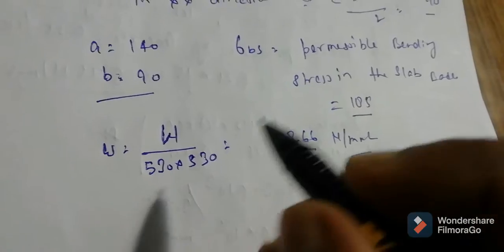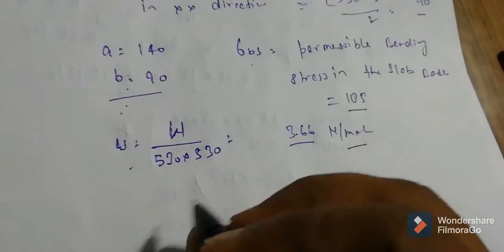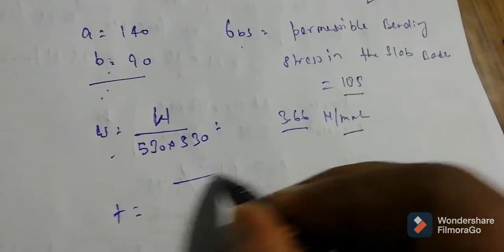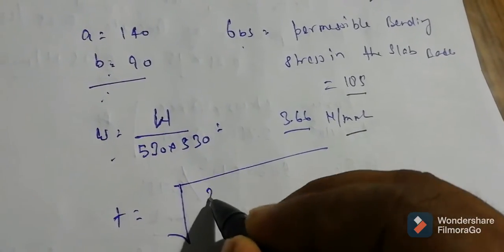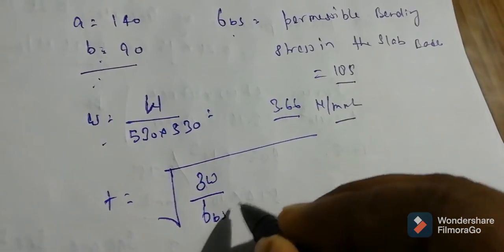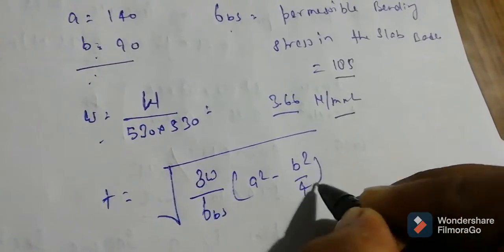So now we have a, we have b, we have w, we have sigma. Now put all these things: t, the thickness of slab base, equal to under root 3w upon sigma bs, times a square minus b square upon 4.